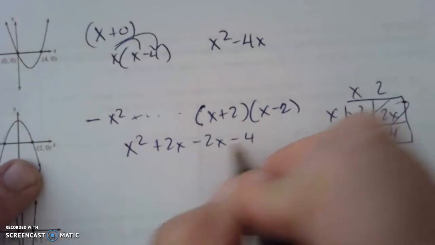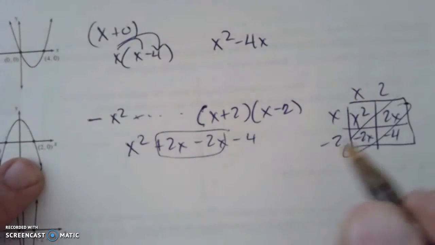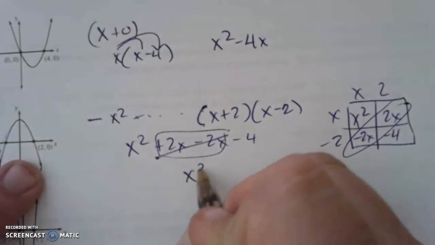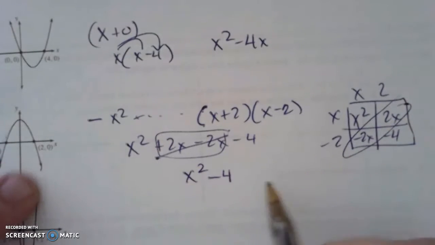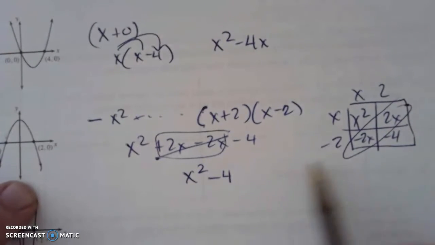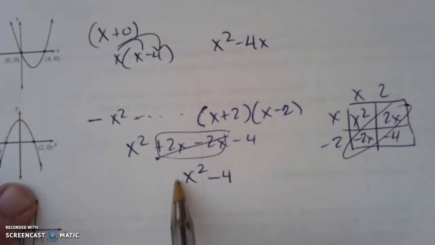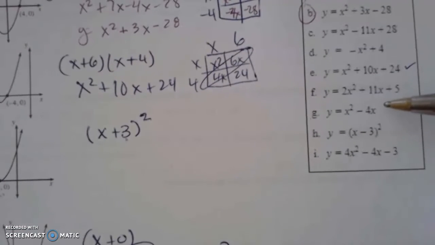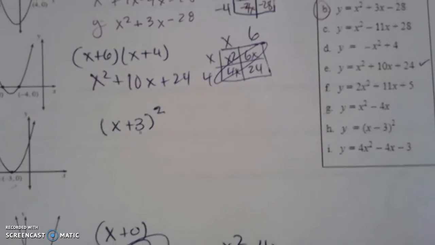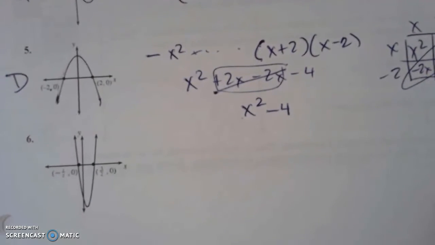Minus 2x plus 2x, these two terms are opposite. They cancel. You just get x squared minus 4. And there's nothing in that equation that tells you that that's a negative. So many of you might have done this problem and got G, but you know that it's negative, so it must open down. That's something that's very important to pay attention to.